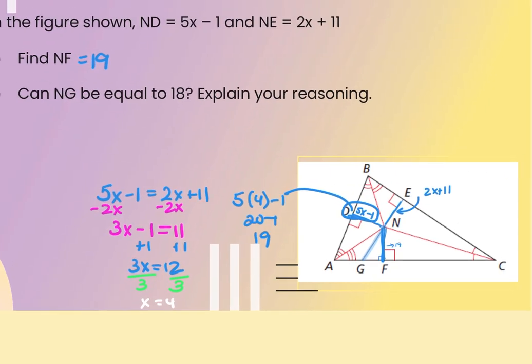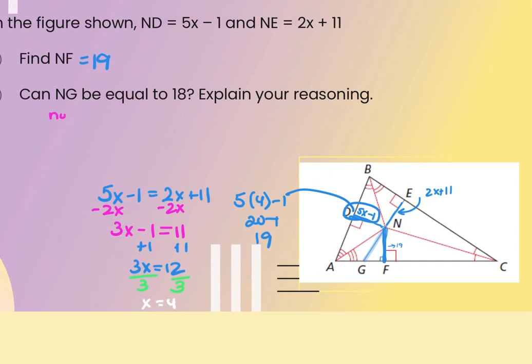So it is not possible for it to equal 18. It must be larger than 19. And it could be because it's opposite the right angle. It could be because it's the hypotenuse of that triangle.